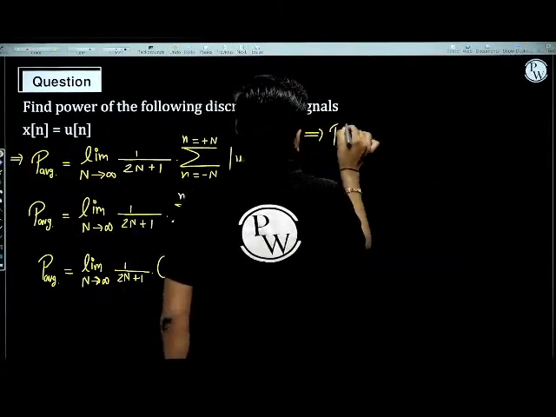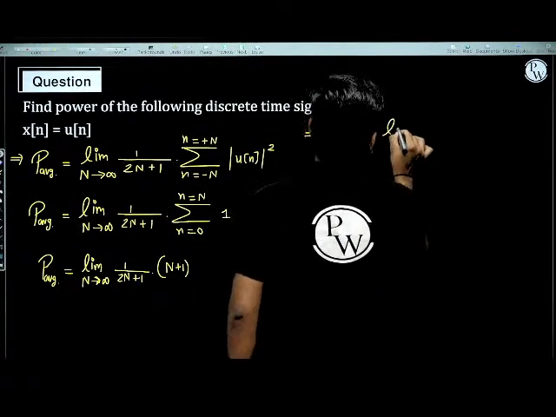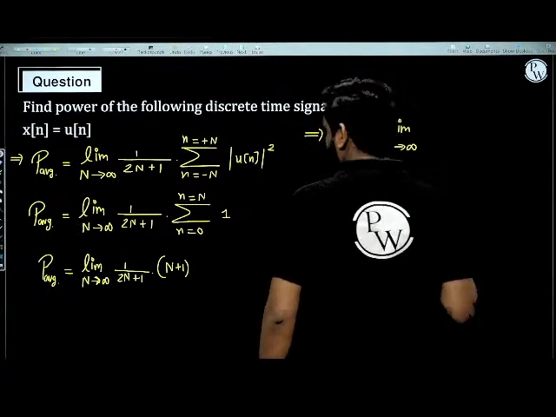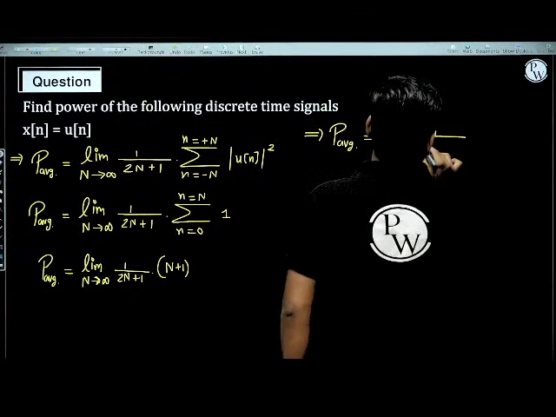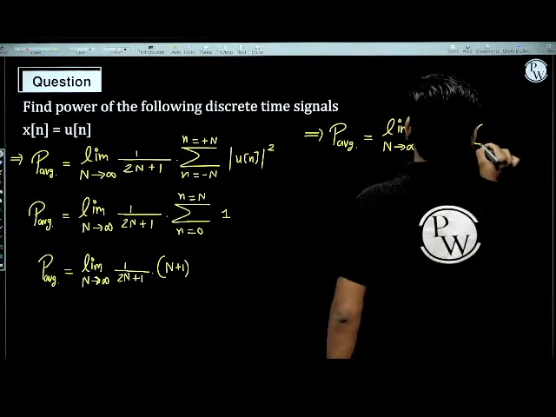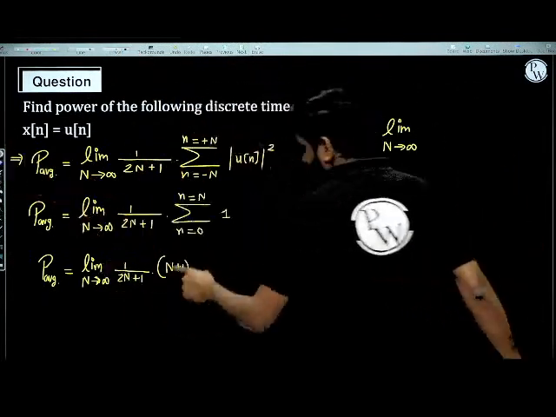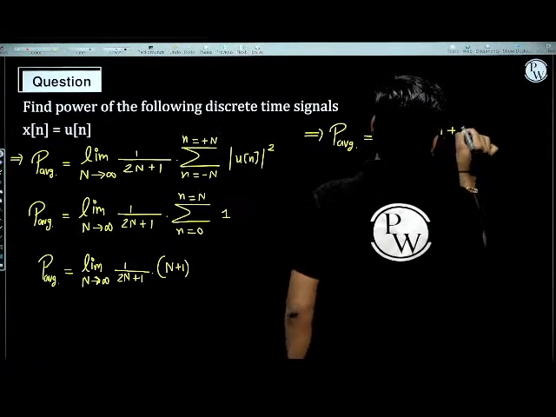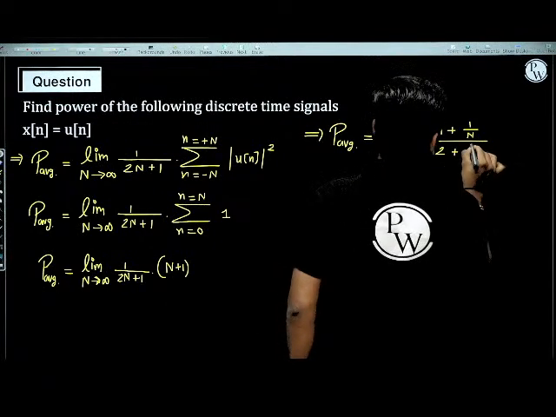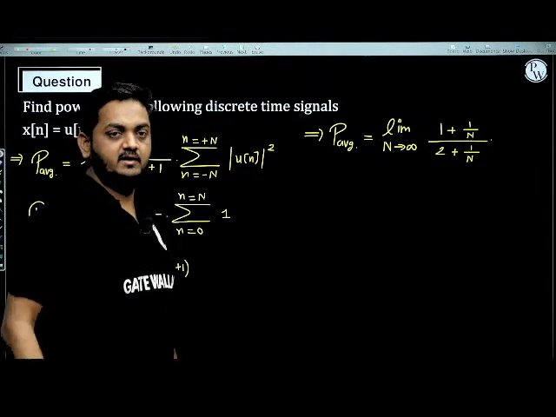Let us take N common from the numerator and denominator. The numerator becomes 1 plus 1 upon N, divided by 2 plus 1 upon N, as N tends to infinity.